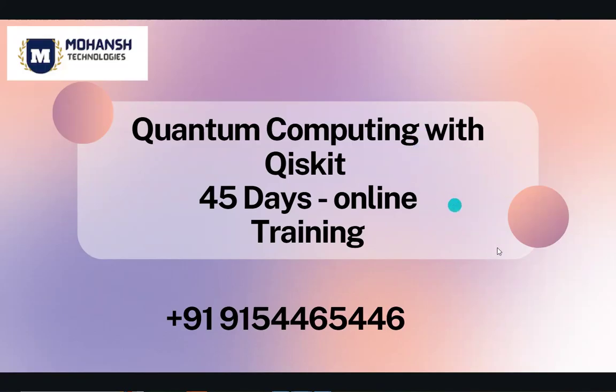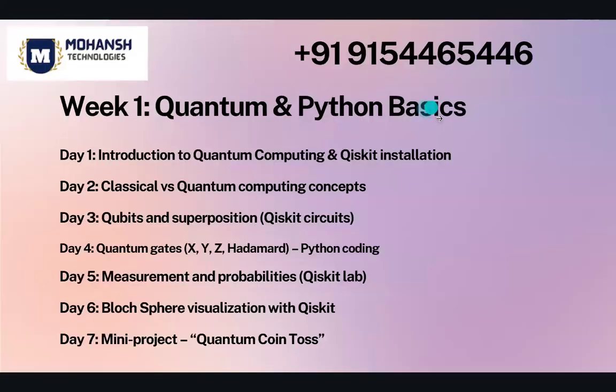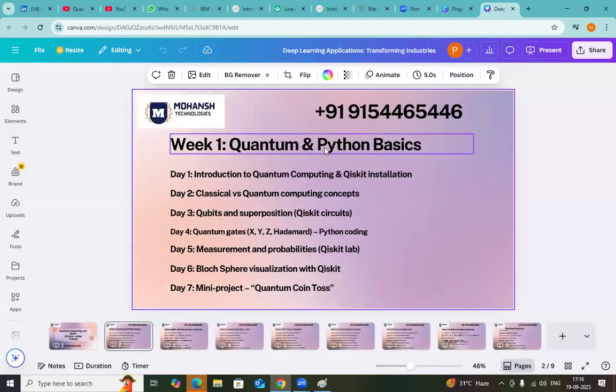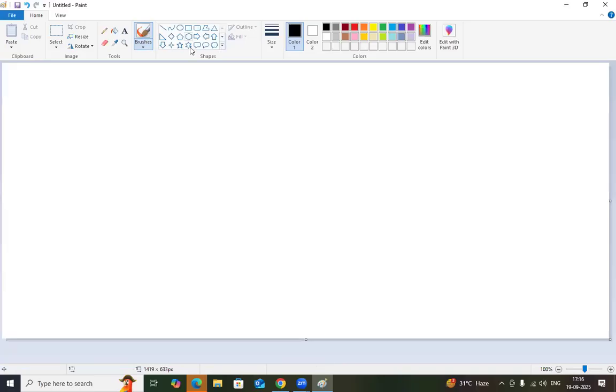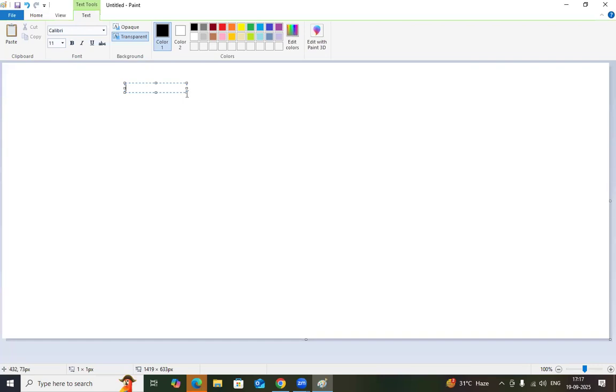Okay, so let's go with simple Paint now. I will explain the major differences between the CPU, GPU and QPU. Now the thing we are working on is QPUs only.